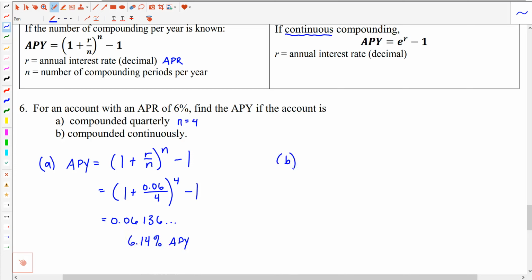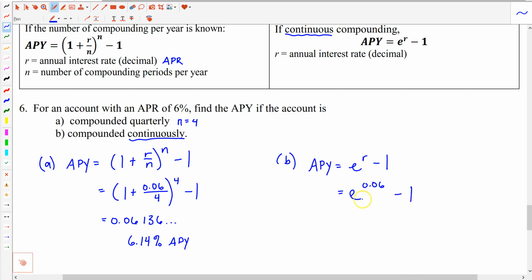Let's take a look at how things change if it's compounded continuously. Under continuous compounding, we're going to use this formula instead. The APY is equal to e to the rth power minus 1. In this problem, my APR is 6%. As a decimal, that's 0.06, and then minus 1. Again, notice this minus 1 is not up here in the exponent.